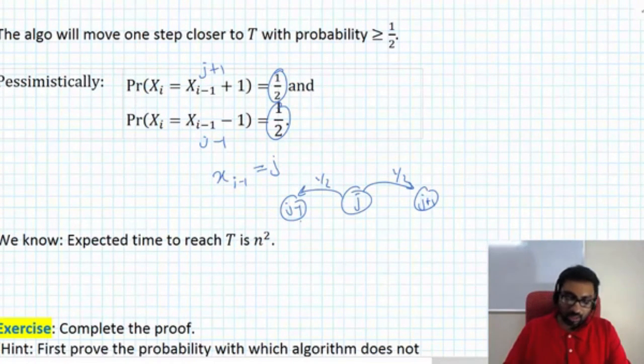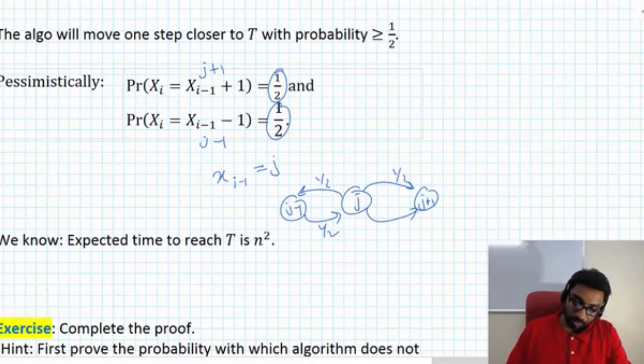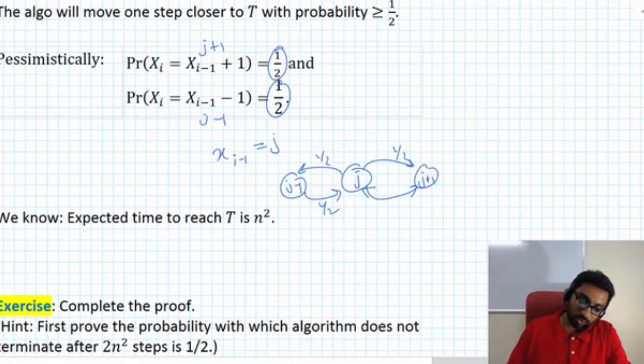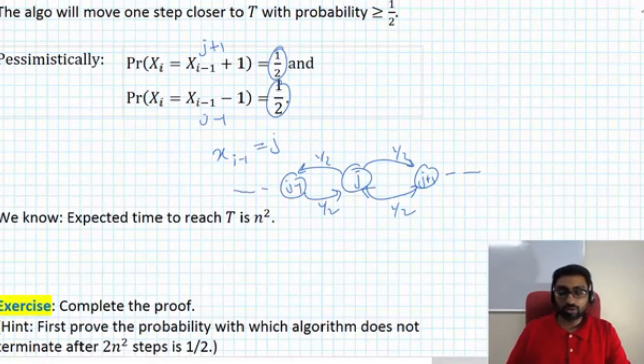And this extends for all j, so with probability half we'll go from j minus 1 to j, and j plus 1 to j as well, and so on. So this exactly matches the random walk on a line that we've already seen before.